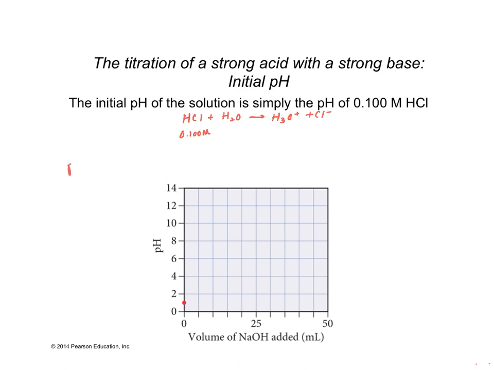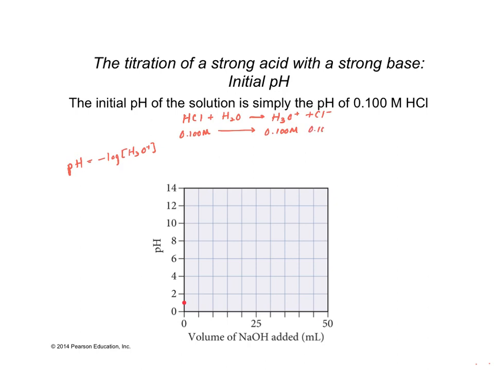If I want to calculate the pH of the solution, I need to know the hydronium ion concentration, the number of protons, the number of H3O plus. Since this is a strong acid, I can assume that all of it goes to form products. So my concentration of H3O plus is also 0.1.